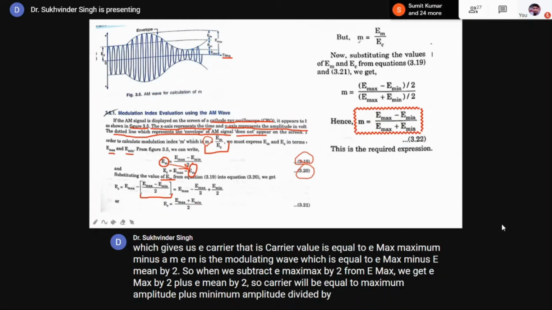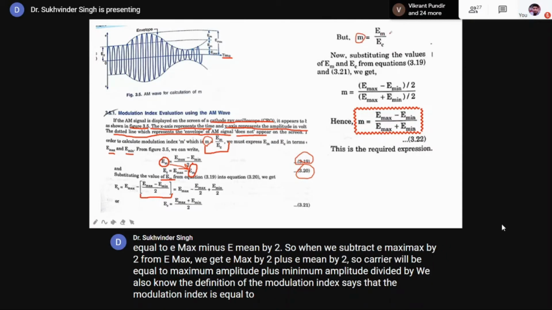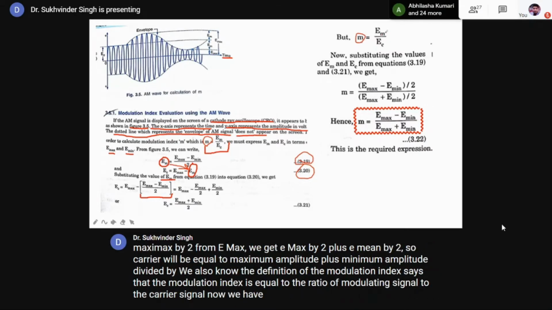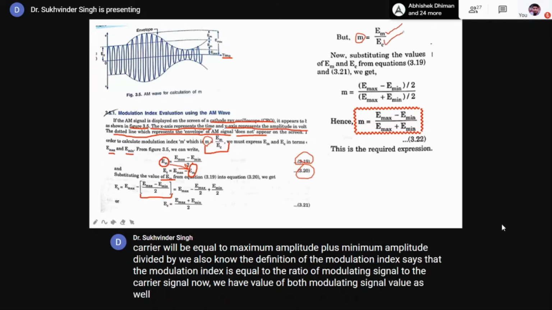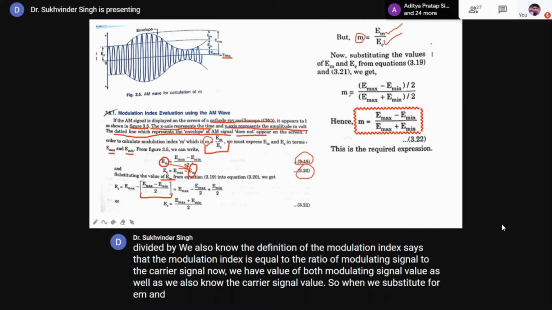We also know the definition of the modulation index says that the modulation index is equal to the ratio of modulating signal to the carrier signal. Now we have the value of the modulating signal as well as the carrier signal. So when we substitute for EM and EC in the modulation index, EM is equal to E max minus E min by 2.